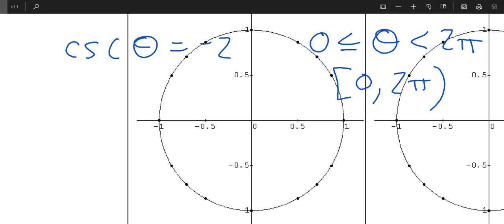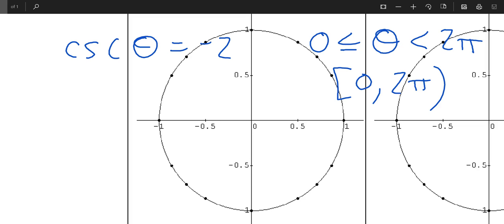Got an answer for me? That's secant. Sine is that x? You're on the right track. You just pick x instead of y. What do we think?